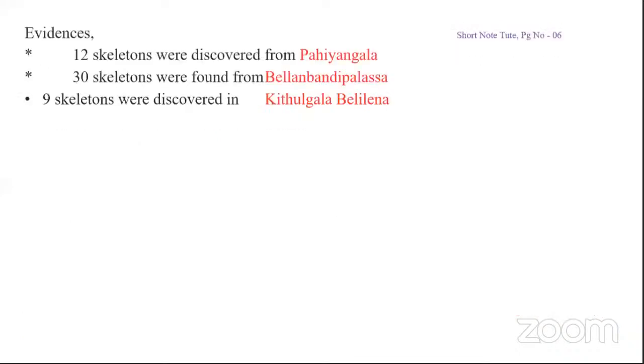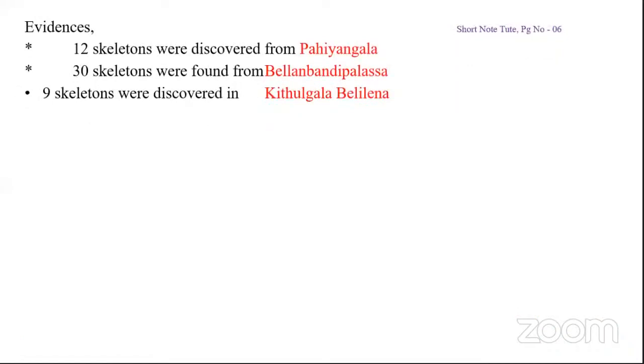Okay. Now evidences. Where can we get evidences about this first method of removing dead bodies? How many skeletons have been discovered? 12 skeletons were discovered from Pahiyankala. Bellanpalli Palace is another place, and from there we found 30 skeletons. Kitulgala Belilena is another place, and from there we found 9 skeletons. So the initial method of removing dead bodies was discovered from these 3 places.